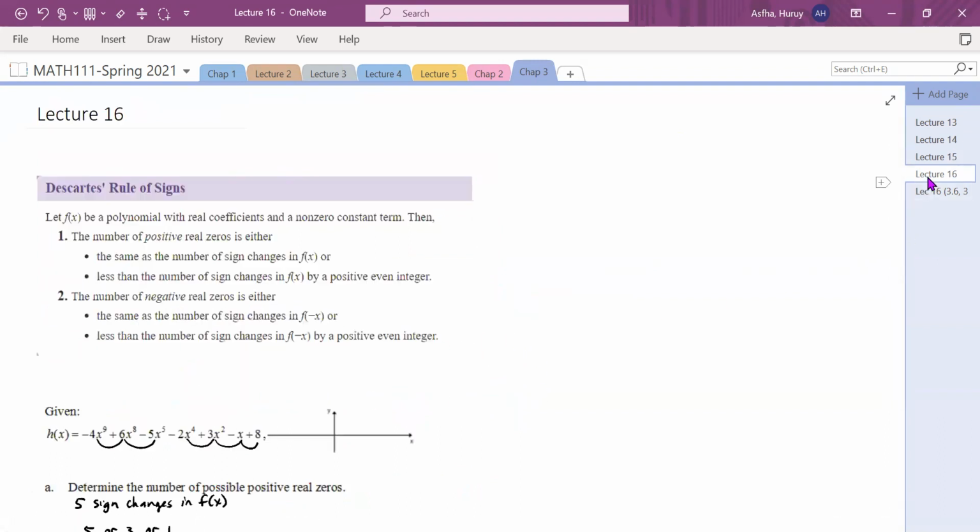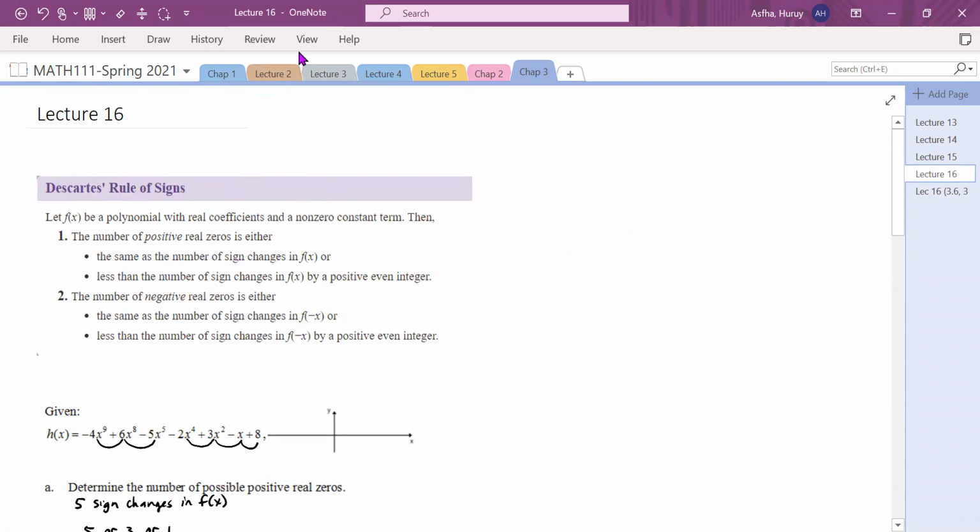So the theorem that we are going to cover today is called Descartes' rule of signs. This one helps us to eliminate or reduce the possible rational zeros of the polynomial.